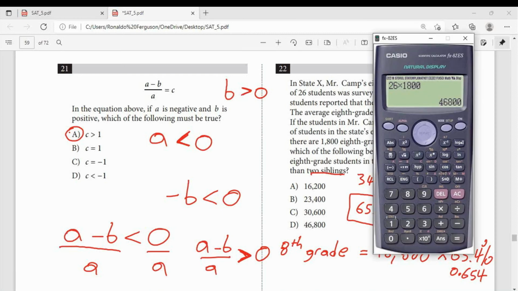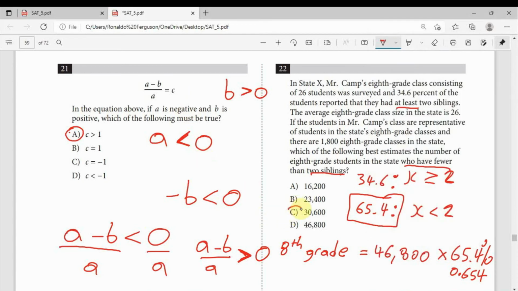In a calculator, that gives about 30,600. That's the estimate. 30,600 have fewer than 2 siblings, which makes sense, right? The majority of the population has fewer than 2 siblings.